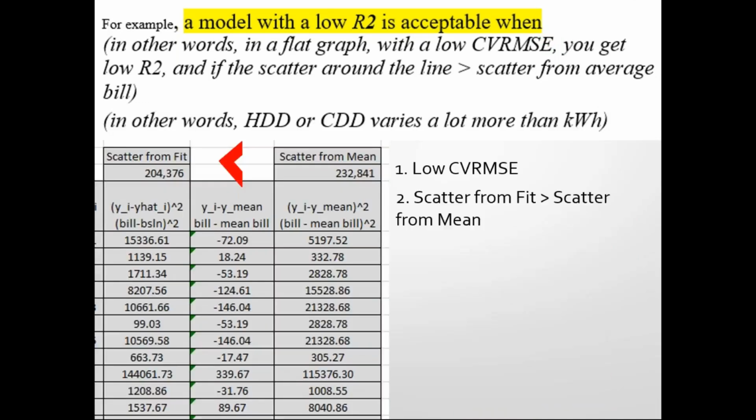Okay, so let's see what else I did. I looked at the scatter from the fit, and I looked at the scatter from the mean. Is the scatter from the fit more than the scatter from the mean? It wasn't. So this tells me maybe it isn't good enough. I'm going to talk to Bill and ask him about this, because I don't know.